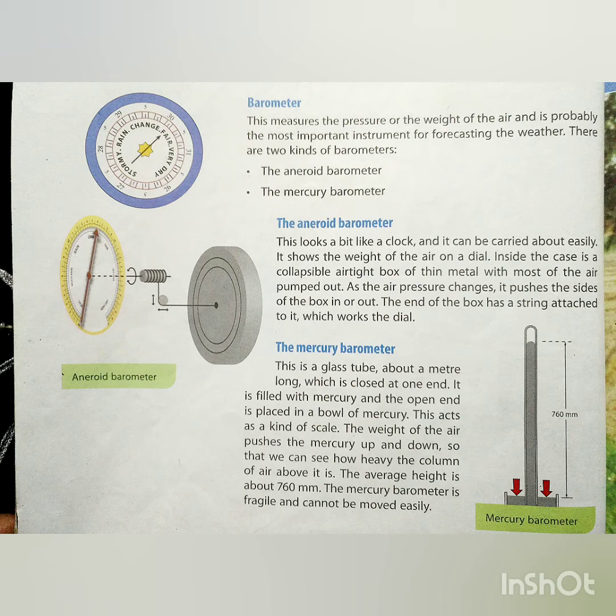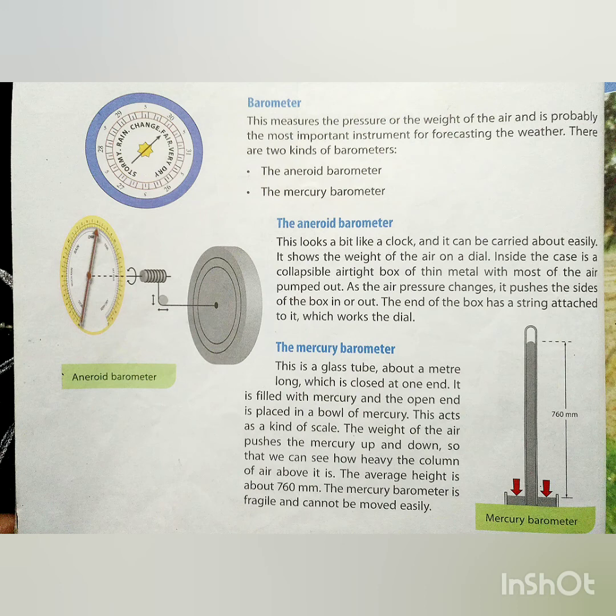So whenever the air pressure changes, it pushes or moves the mercury upwards or downwards. It shows us how heavy the column of air above it is. But this barometer has some disadvantages: it cannot be moved easily and it is so fragile that it can be broken at any time. And we must keep it with care.